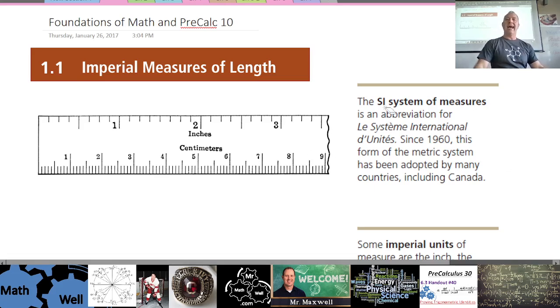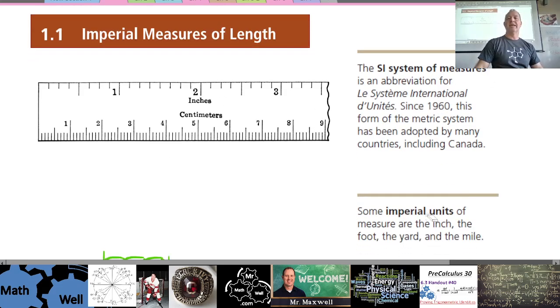They call them the SI system of units. That's the System International. Originally, this was a French name. That's what we commonly call the metric system. So centimeters and meters is the SI system of measures, or the metric system. And inches and feet and yards and miles would be the imperial units.